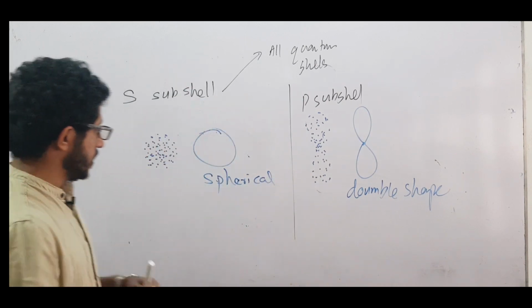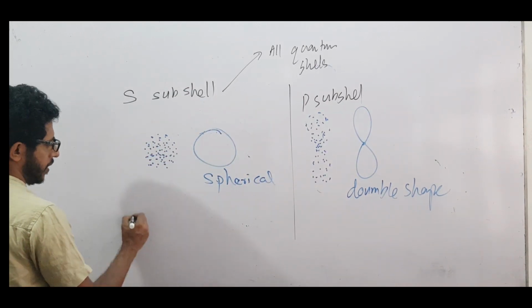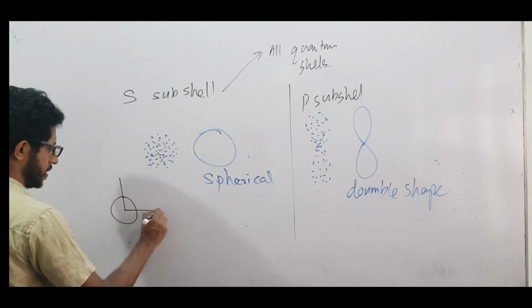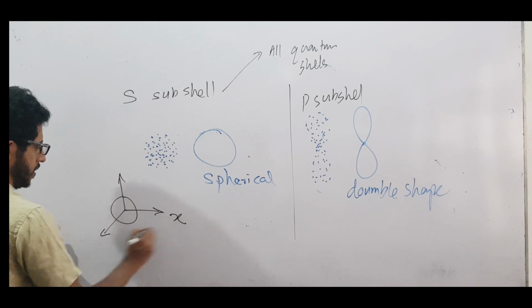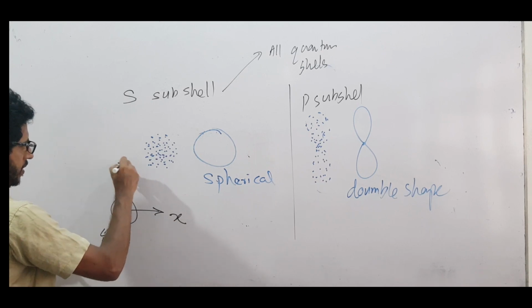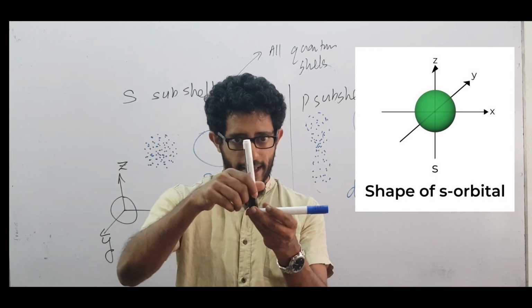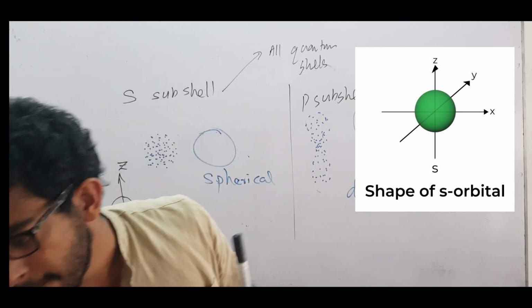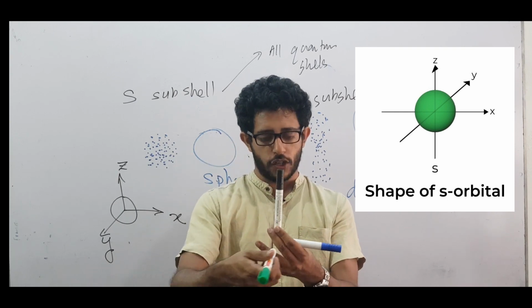Even this s orbital or subshell, you can have three axes: x axis, y axis and z axis. Normally we say this is the x axis and this is the y axis, and when you write in chemistry three-dimensionally, this is the Cartesian coordinates.